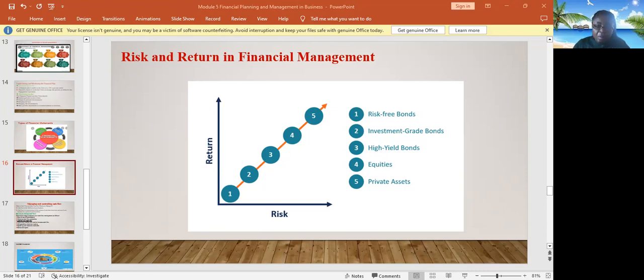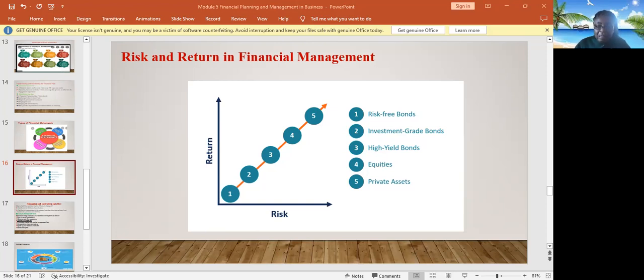The risk-return trade-off is also a foundational investment principle. There are many different types of investment and asset classes, such as money market securities, bonds, and others that you can take in order to minimize the rate of risks.